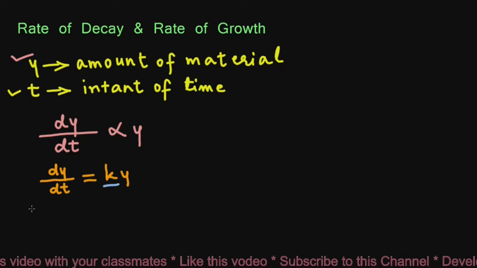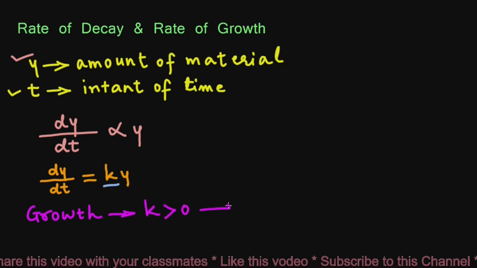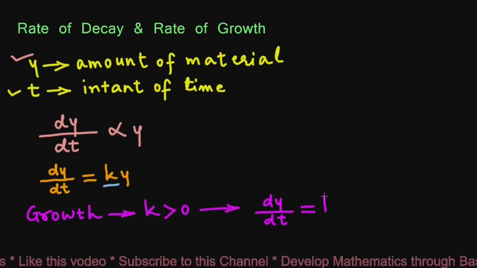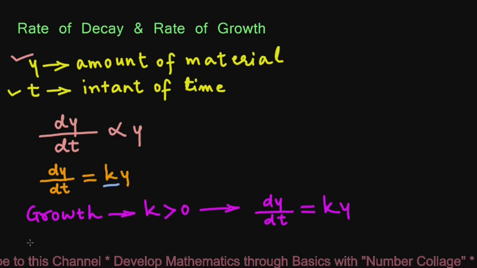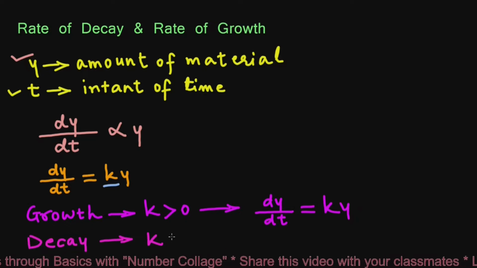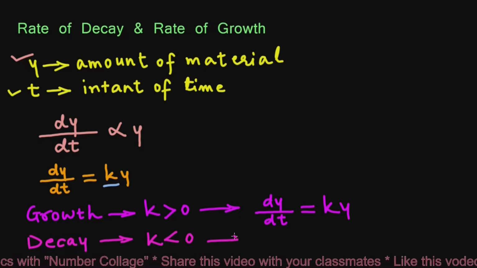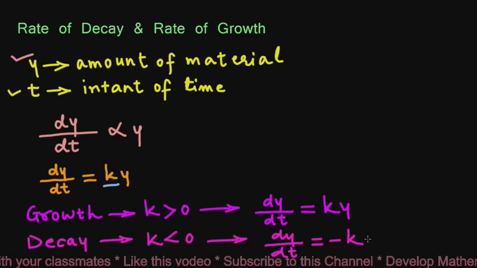When the problem is related to growth, k is positive and we have dy/dt = ky, and if the problem is about decay or disintegration, then k is negative and we have dy/dt = -ky.